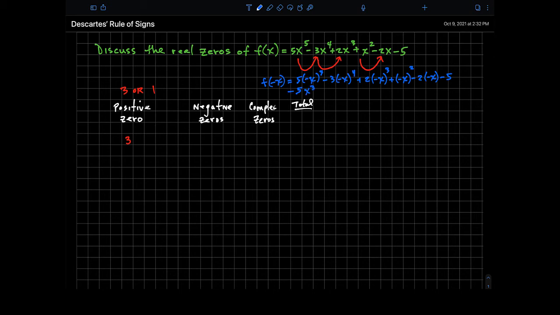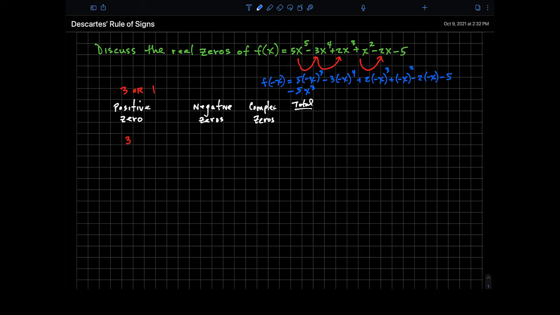If you take a negative variable to an odd power, it'll remain negative. So negative x to the third will remain negative x to the third. I'll bring that negative to the front of the coefficient, leaving it negative 5x to the third. And then you'll move on.